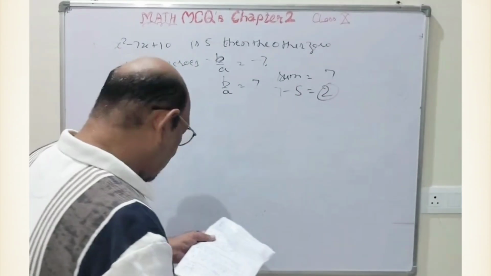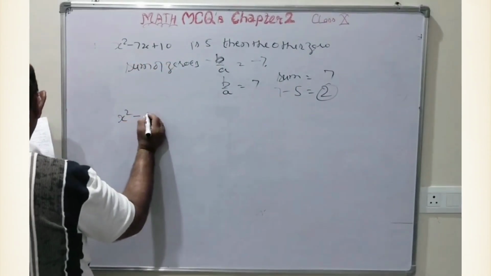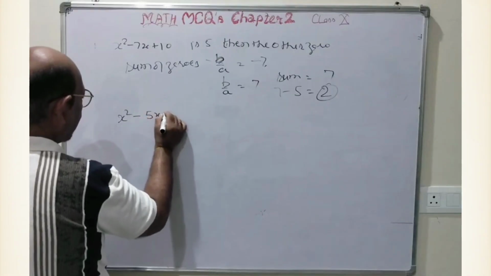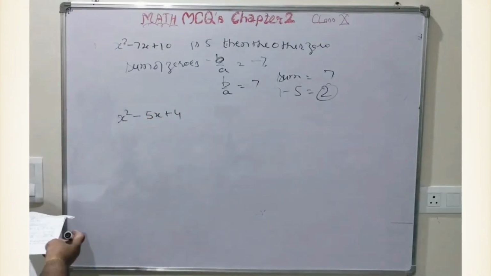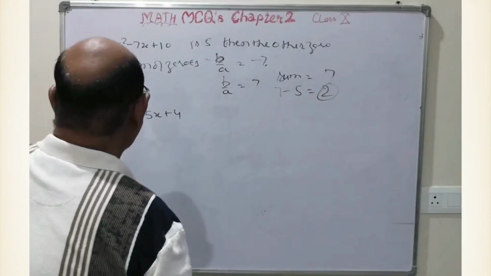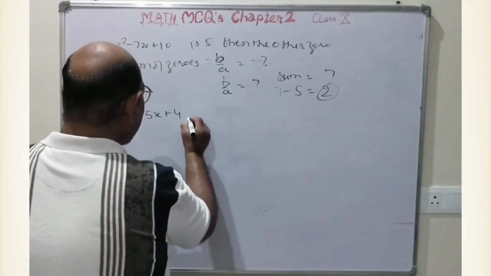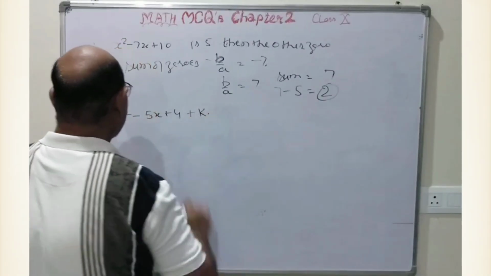Now what should be added to polynomial x square minus 5x plus 4, so that 3 is the zero of resulting polynomial. So let us suppose we add k.